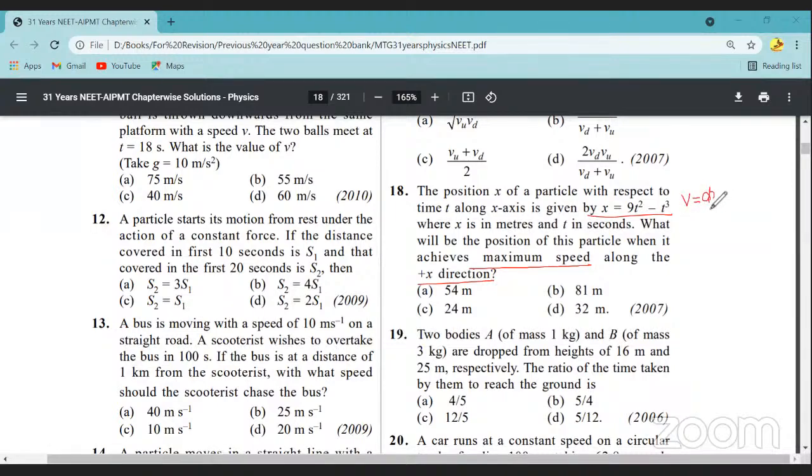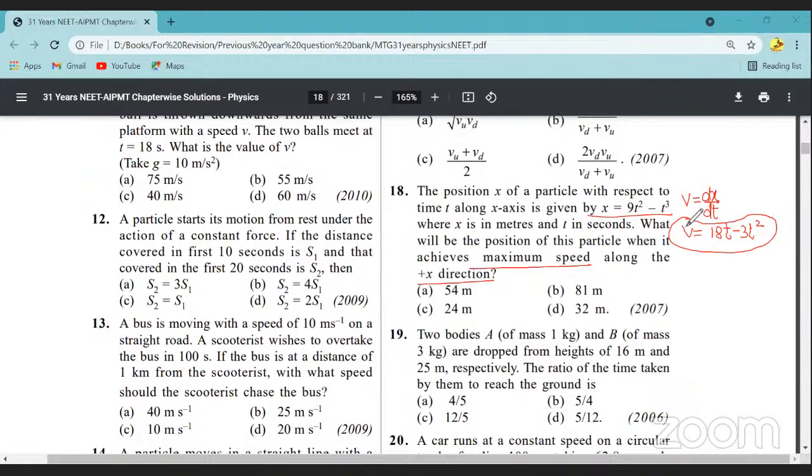First let's find out the speed or velocity. Velocity is dx by dt. It is 18t minus 3t square. So this is the speed. Now I want to know when this will be maximum. How do I know when something will be maximum?